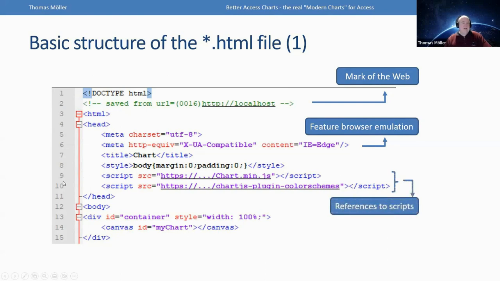In lines 9 and 10, I have the references to two scripts. One is Chart.js itself, and the other one is a plugin. And you see HTTPS, so I use a CDN here. And down here in lines 13 to 15, we define an HTML5 canvas.